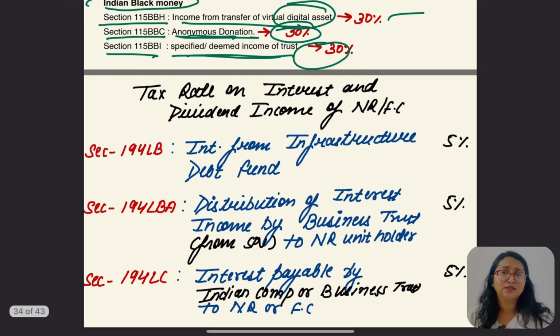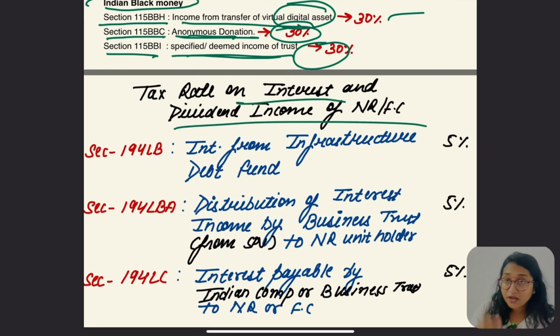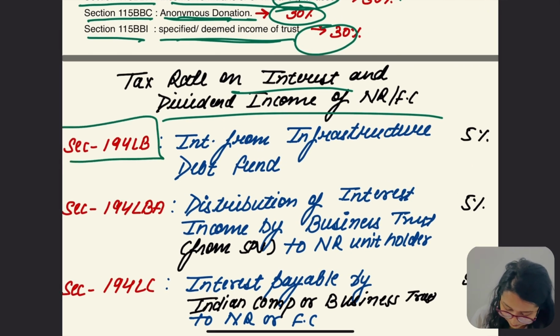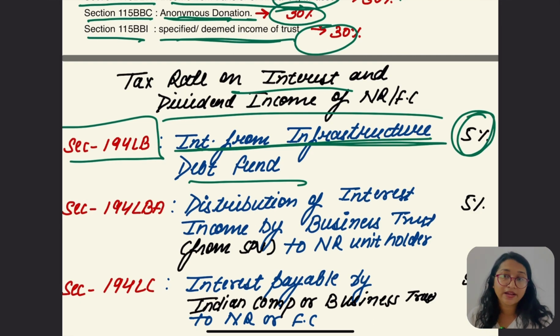Now let's go for the other tax rate on interest and dividend income of the NR and foreign company. Section 194LB says about the interest when the non-resident or the foreign company receive the interest from the infrastructure debt fund. In that case 5% would be taxable in hand of NR or FC.